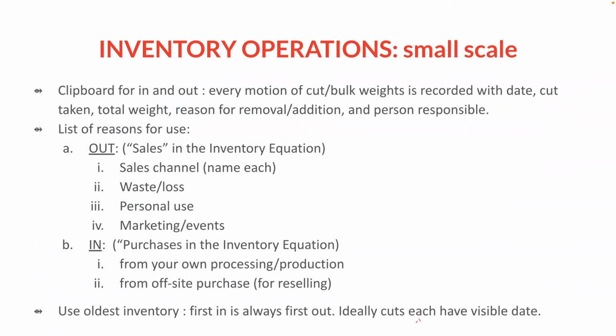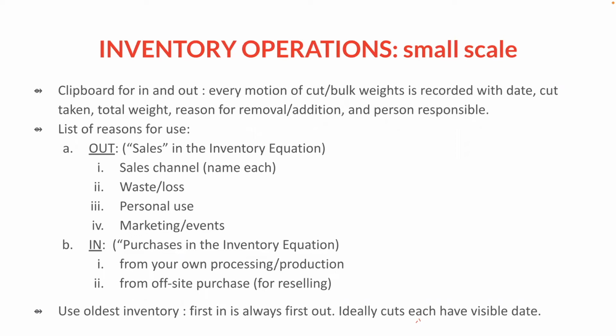So for those of you that are relatively small, what I recommend is literally a clipboard. So you've got freezers or coolers, and every single time a cut or a bulk weight goes in and out, it's recorded on the clipboard with the date, what is taken out, the weight, and the reason that it is moving in or out of this storage unit, and who is doing it.